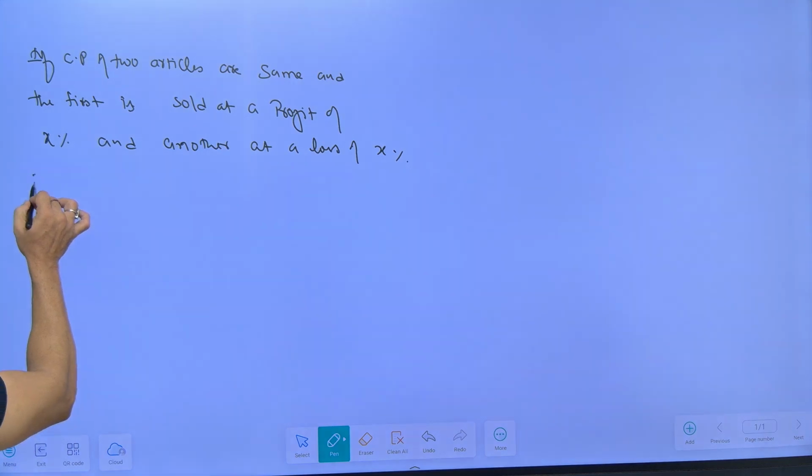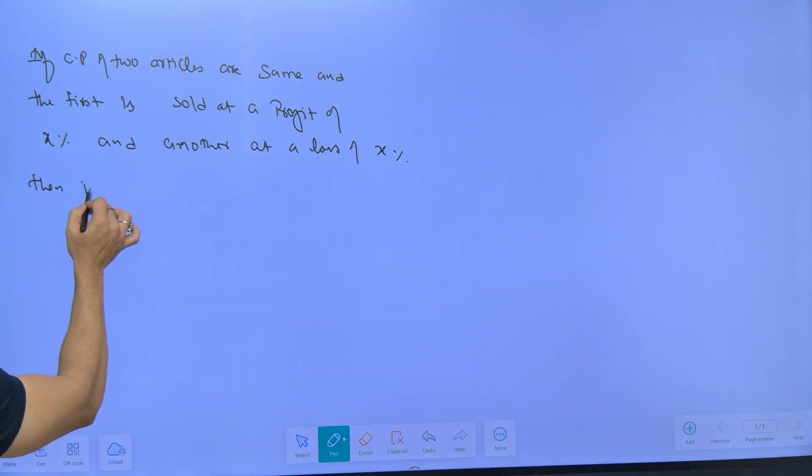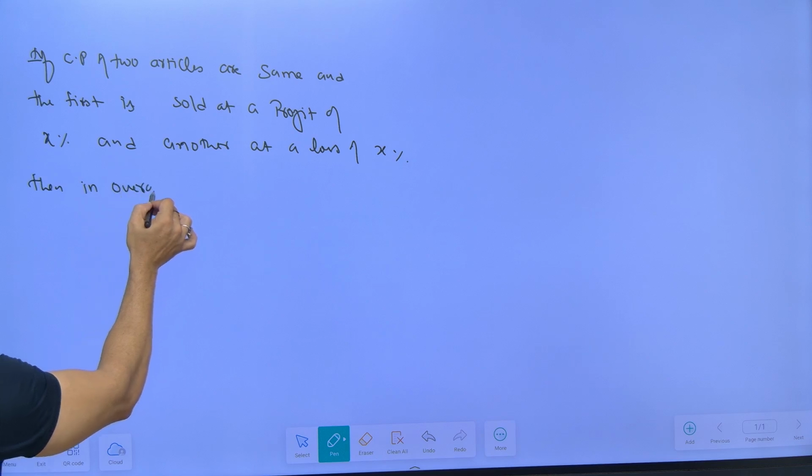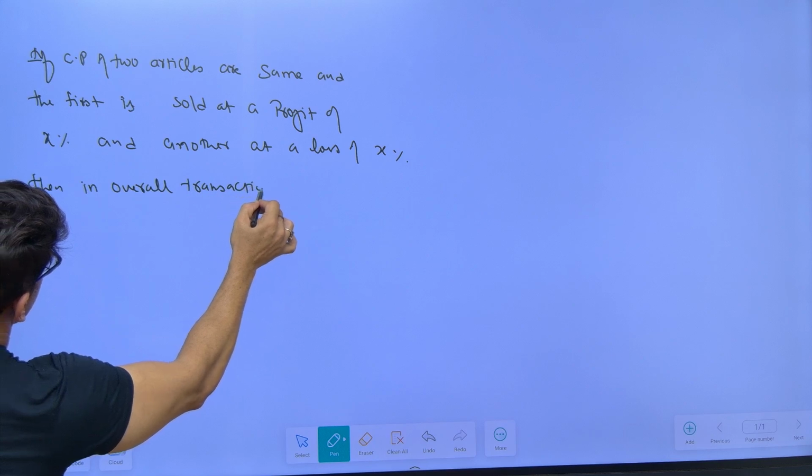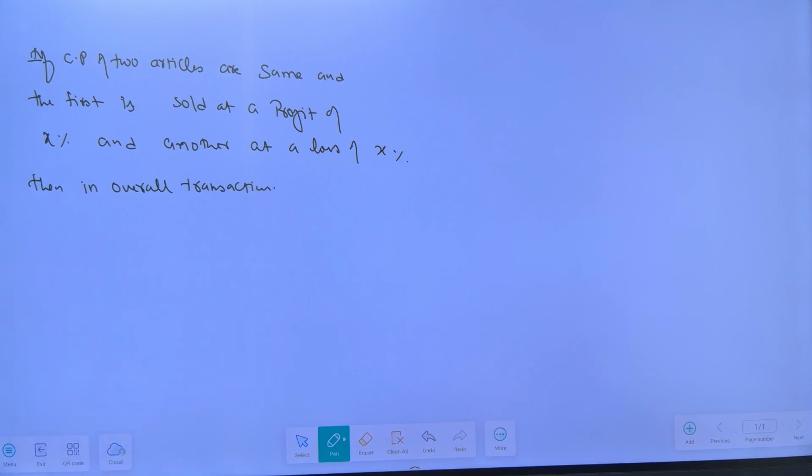Then in overall transaction, now tell me, in the overall transaction, will there be a profit, loss or no profit no loss? Okay.